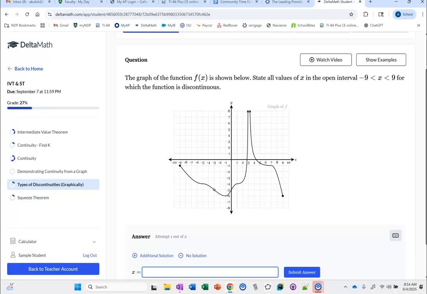So if I get like 0, that's negative. And then if I get like pi, that's positive.